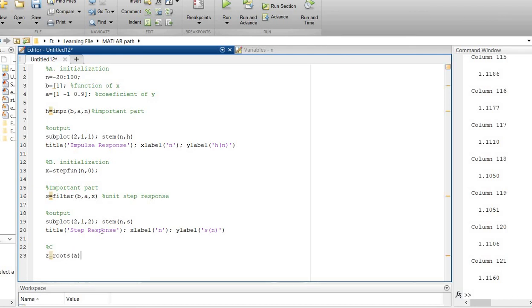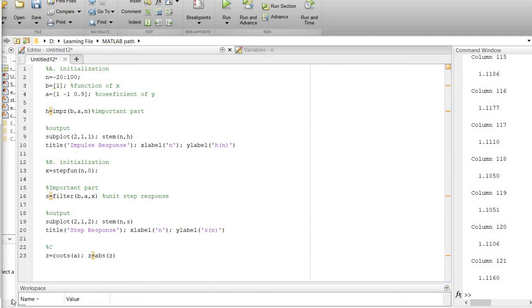and then after that we're going to find the absolute value. This is the condition for that.